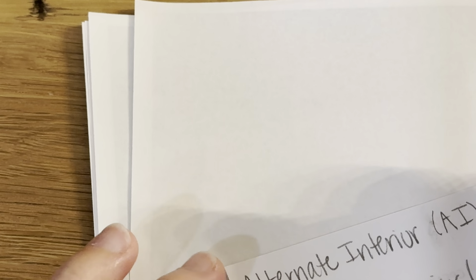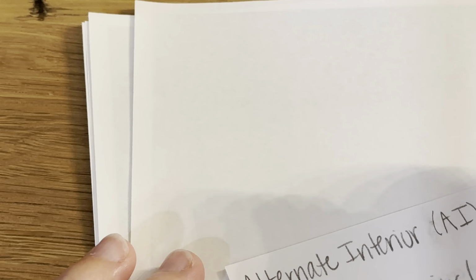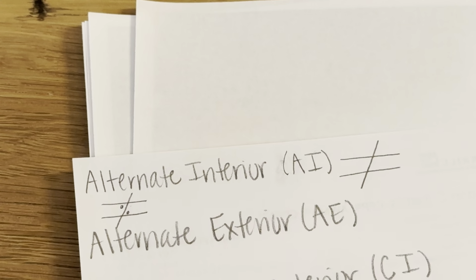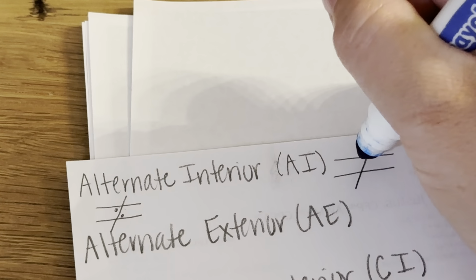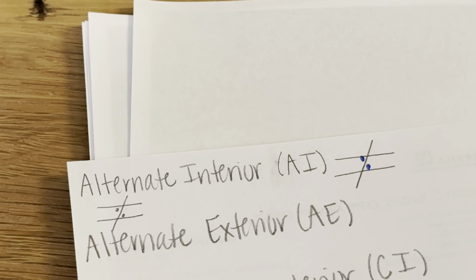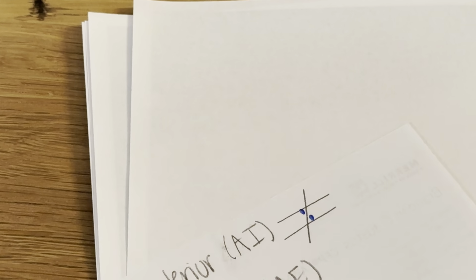Let me draw it a little bit bigger over here, maybe. This angle right up here, and then this angle right down there. Those are, one's on the left side and one's on the right side of the transversal. And then they're both inside, in between the parallel lines.